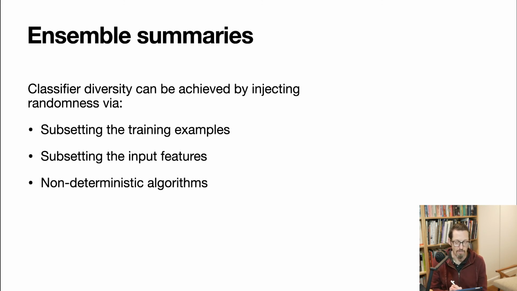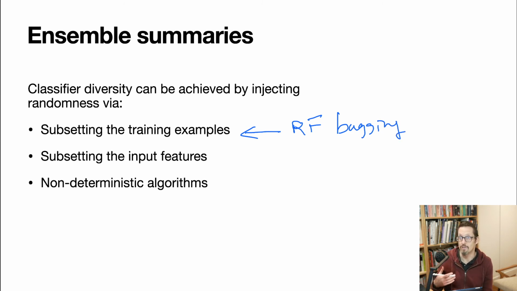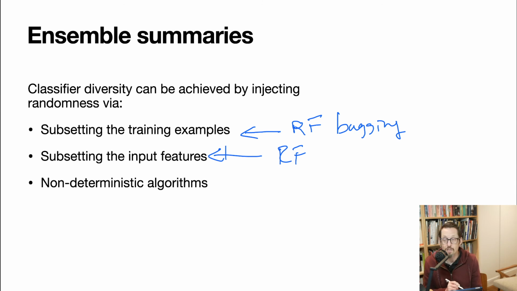We can get randomness by subsetting the training examples, for instance, just like a random forest, because a random forest does bagging, and bagging is a resampling, so we subset the training samples. We can also subset the input features, which is also a random forest kind of thing to do, because each node gets built with a different subset of those features.